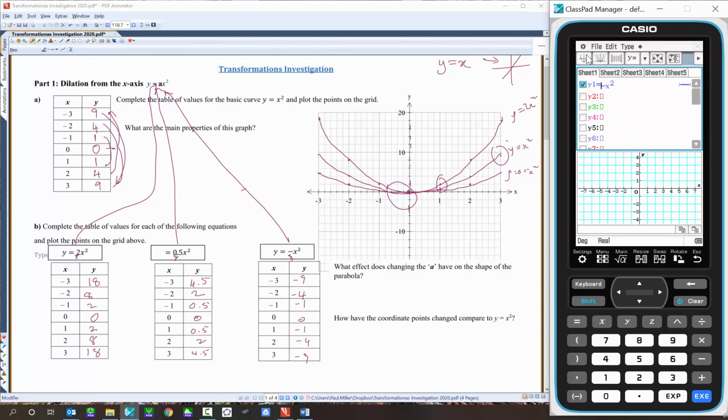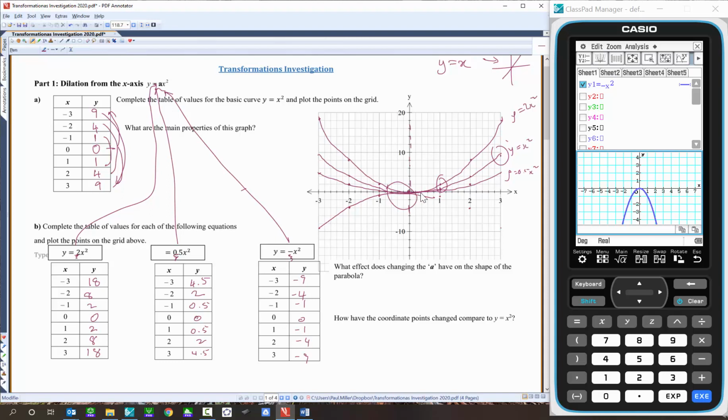Oh, goodness me. All right, so what it does is it inverts the parabola or reflects the parabola in the x-axis. Okay, so let's sketch that one up. We've got 0, we've got negative 1, that's there, negative 2, negative 4, negative 3, negative 9, down there, and it's symmetrical, so all right, let's see if I can do an inverted one.